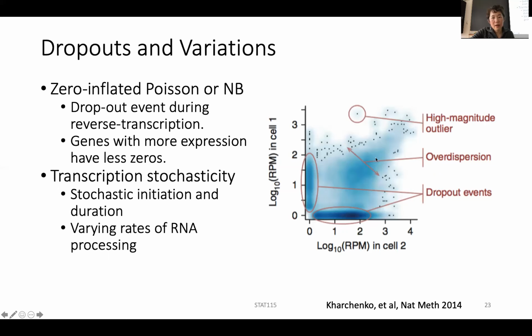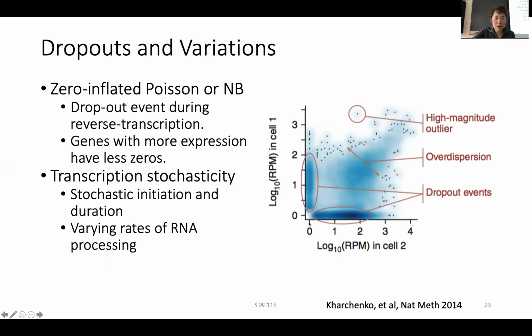And yet, you can see it's very noisy. There are high magnitude outliers, some genes that are expressed very high, but also very noisy. There's over dispersion. Normally if this is an identical cell line and you do one replicate and another replicate at a bulk level, you would imagine this to be really just on the diagonal. But in a single cell, there's bigger dispersion.